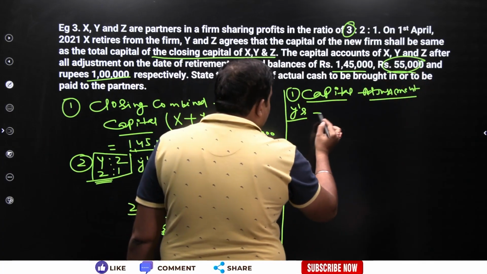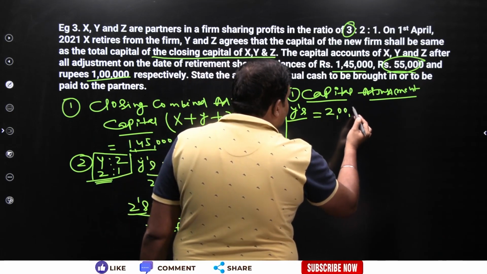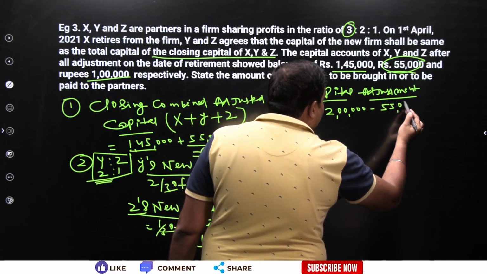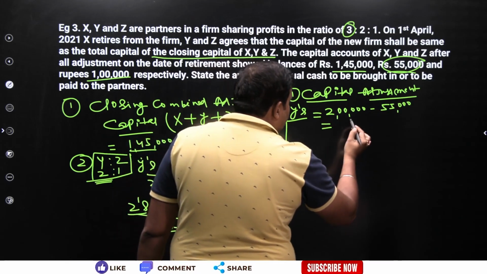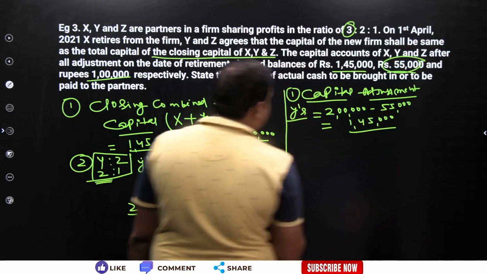So you can easily notice that the required capital of 2 lakh exceeds the available capital of 55,000, and there is a difference of 1,45,000.